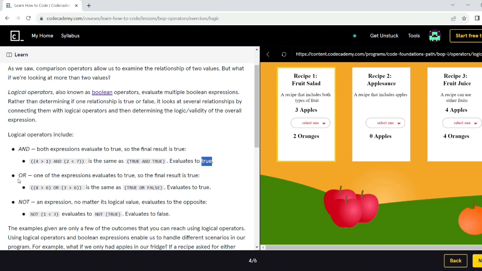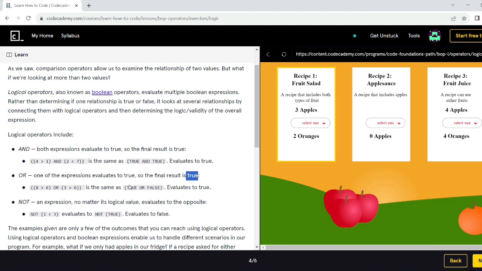The or operator is kind of the opposite of and, in the sense that if only one of the 2 expressions, or it could be more, but in this case it's 2 expressions, returns true, then the result is still true. So we know that 8 is greater than 6. But what about 3 being greater than 6? It's not.